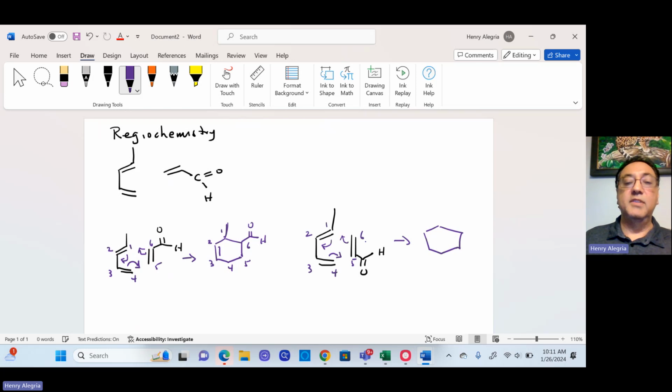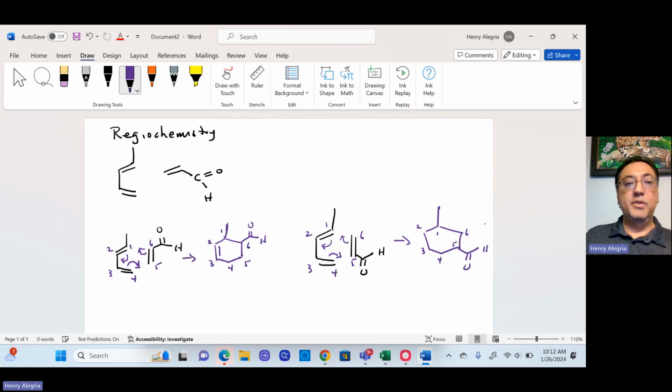You notice the 5 and the 6 don't correspond, but we're just keeping track. So this is 1, 2, 3, 4, 5, and 6. You notice 1 has the methyl, and in this case, 5 is the one that has the aldehyde.